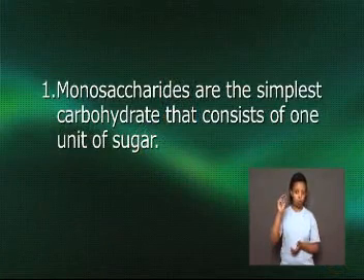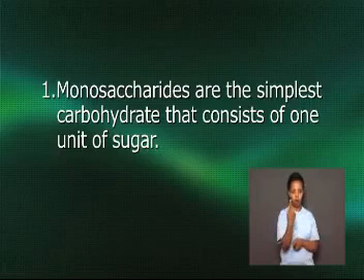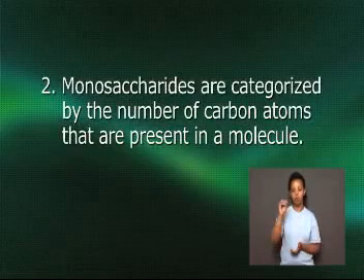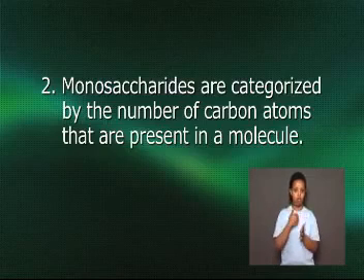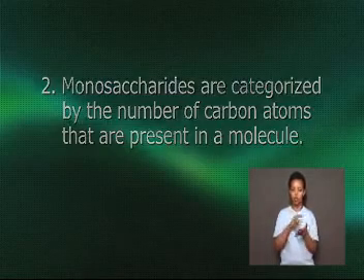Monosaccharides are the simplest carbohydrate that consists of 1 unit of sugar. Monosaccharides are categorized by the number of carbon atoms that are present in a molecule.